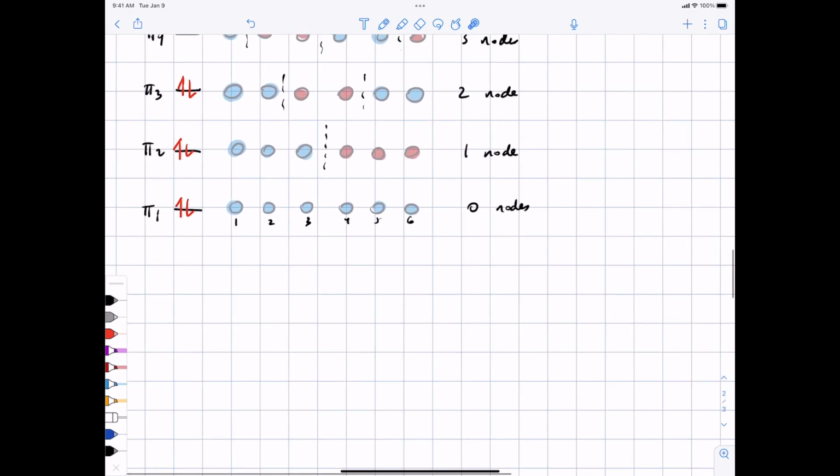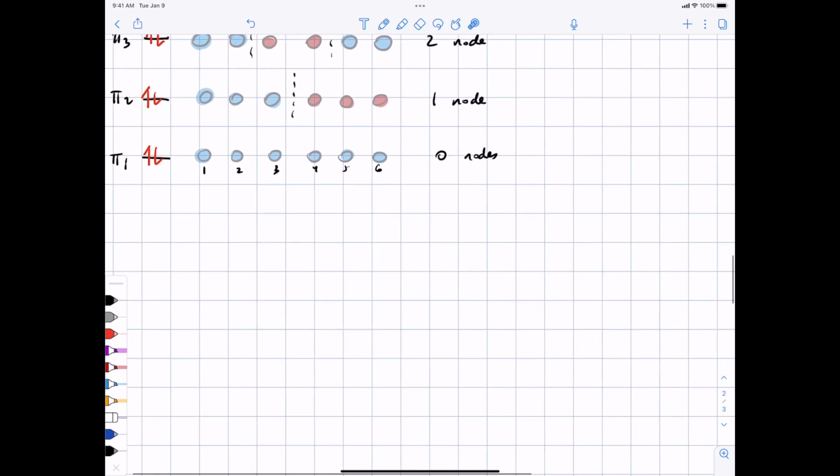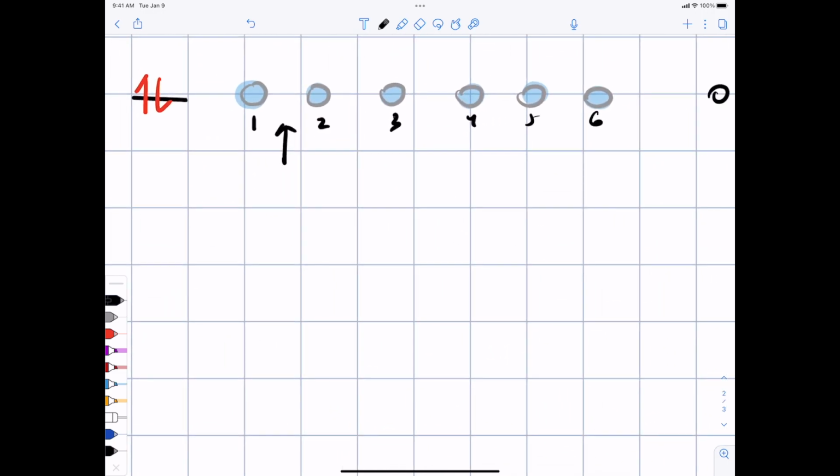So any time in one of these orbitals you have adjacent atoms with the same wave function sign, that's what we're going to call a bonding interaction. And so this lowest energy pi molecular orbital, pi 1, as I said, every time you have 2 atoms adjacent to each other with the same wave function sign, we're going to call that a bonding interaction.